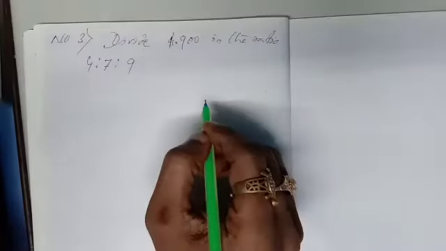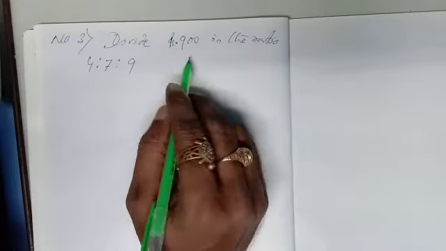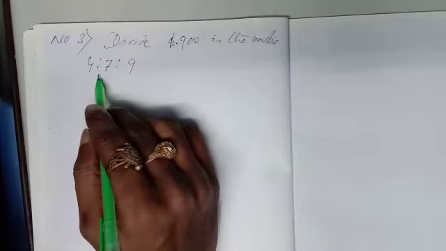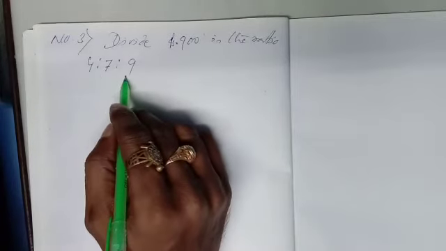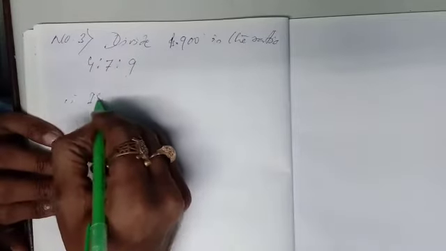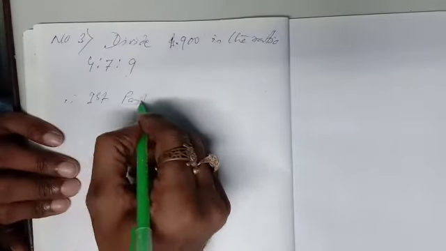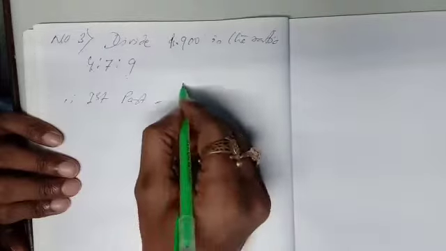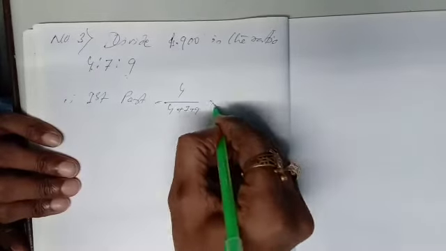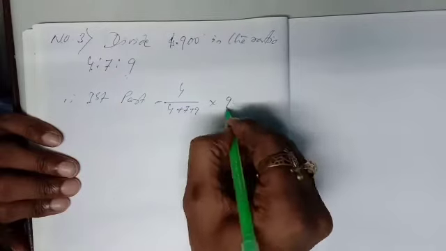See the next question. It is given: divide rupees 900 in the ratio 4 is to 7 is to 9. The first part will be how much? The first ratio is 4, that means 4 by total, that means 4 plus 7 plus 9, into the total amount, that is rupees 900.